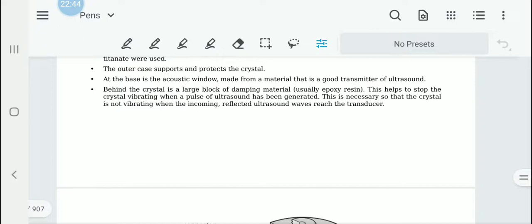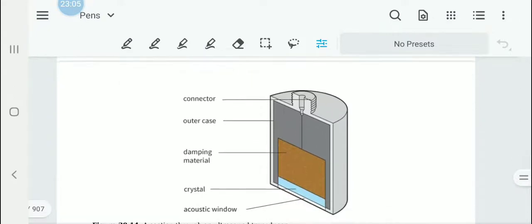The reason why it is needed is that after the pulse has been sent, when the reflected ultrasound reaches back to the transducer, the crystal should not be vibrating.